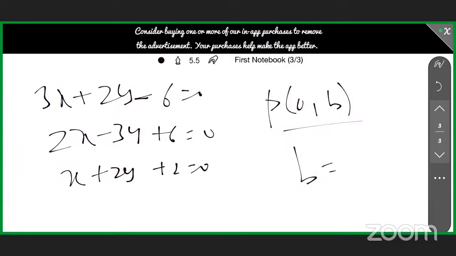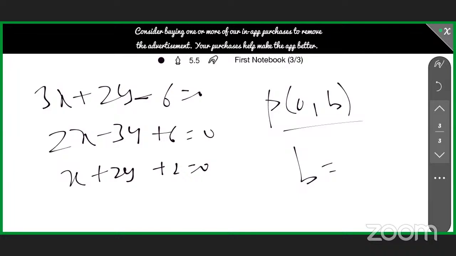A very easy question. Listen, just a minute. They have given three sides of a triangle, and there is one point P. It can lie either on the triangle or inside the triangle.